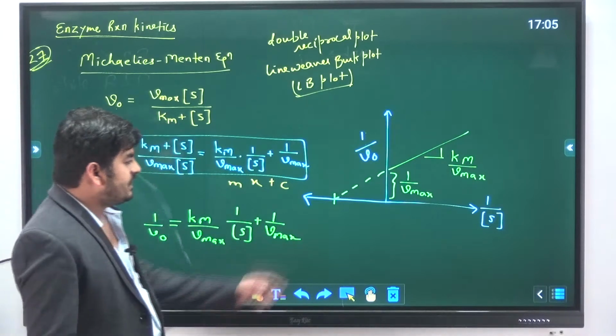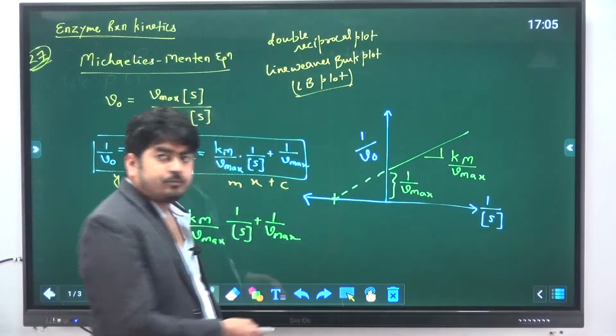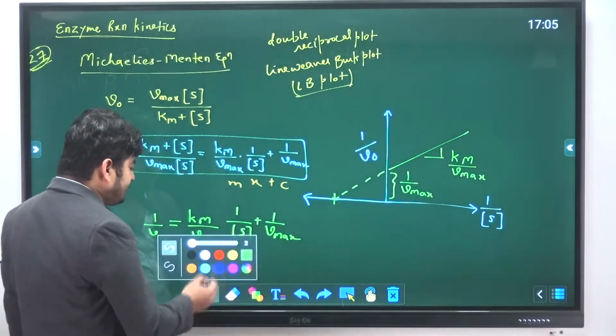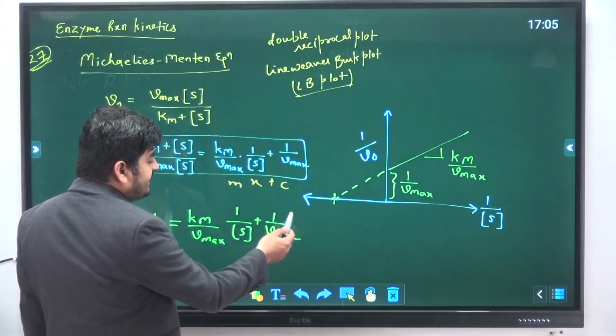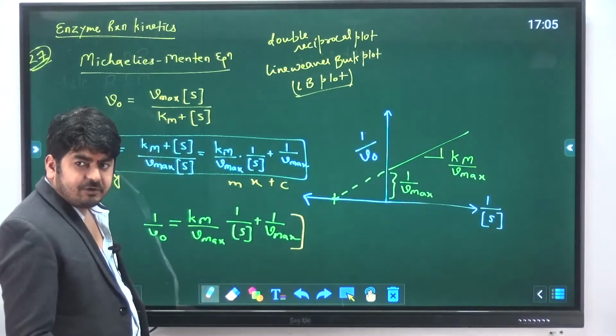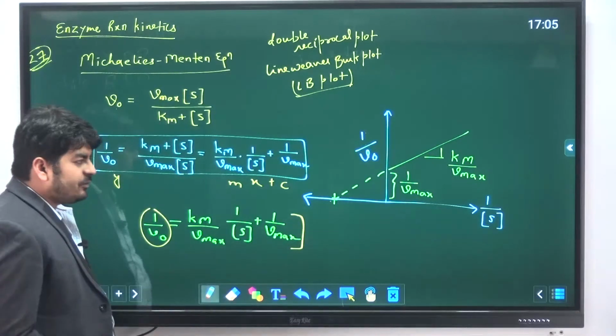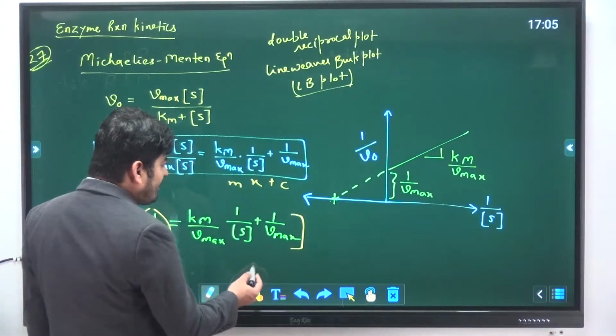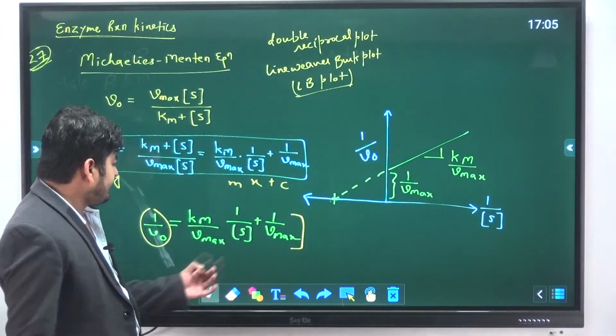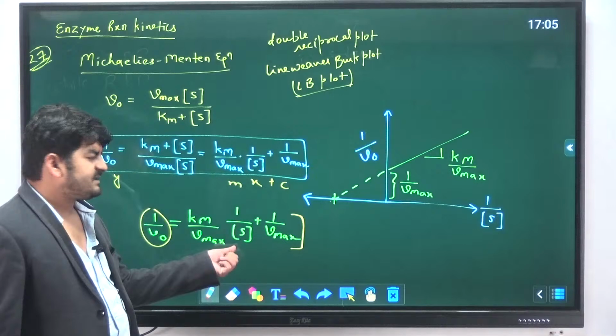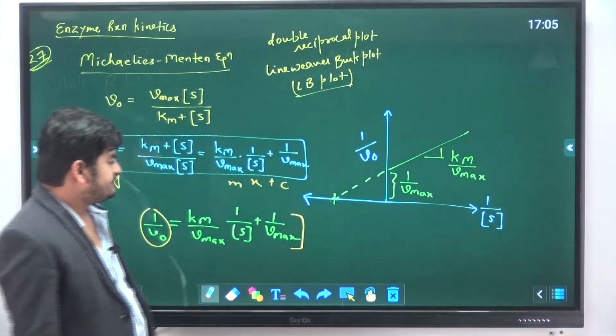This is the expression. So at this particular point, this value will become 0.